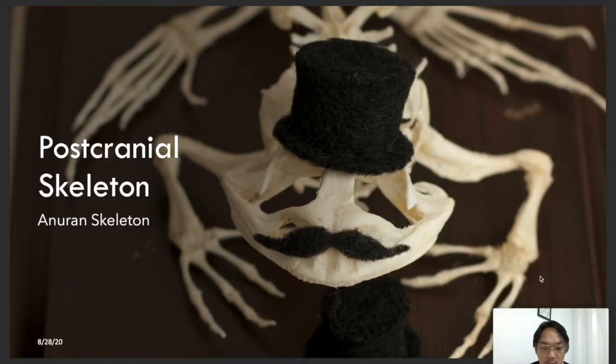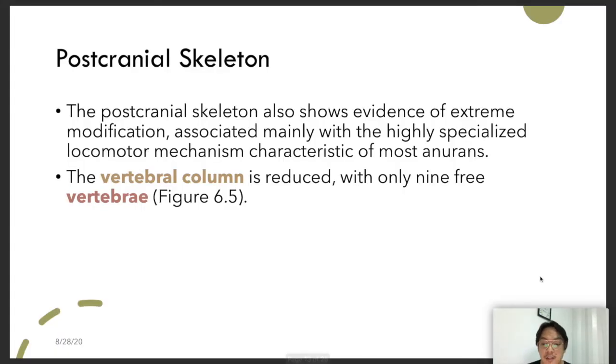So what is the post-cranial skeleton of the Anuran skeleton? So this is the vertebral column, okay, with only 9 free vertebrae. So you take a look at this post-cranial skeleton, which is more specialized among Anurans because they have highly locomotor movements, okay.